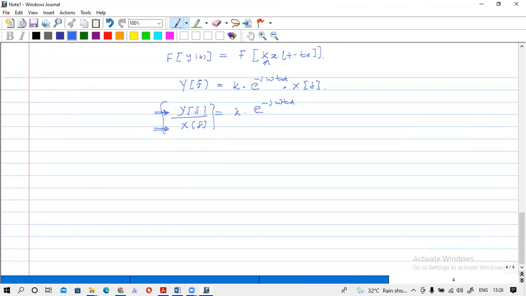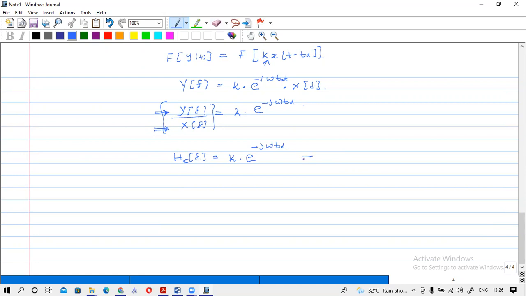I will put Hc to imply it is the channel. So the channel frequency response or channel transfer function is equal to K e to the power minus j omega Td.